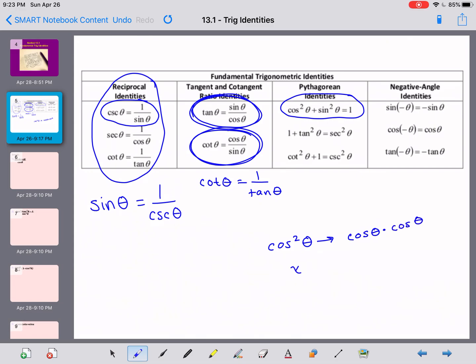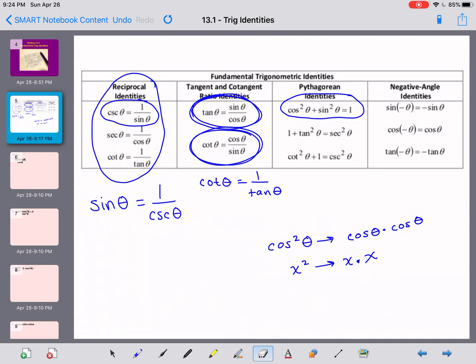It's kind of like how x squared is equal to x times x, okay? Common mistake is people think that cosine squared theta is equal to this. That is not true, okay? This, what I just wrote, is actually like saying 2x, which is not the same thing as x squared, okay? So try not to make that mistake.